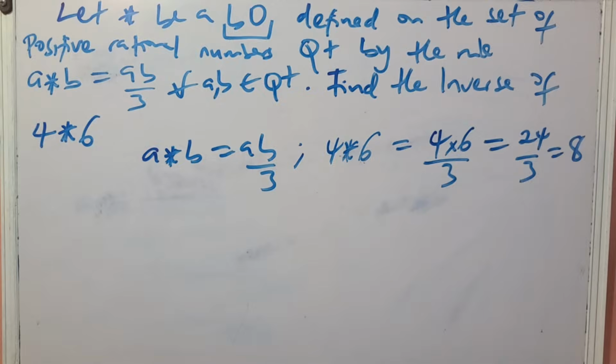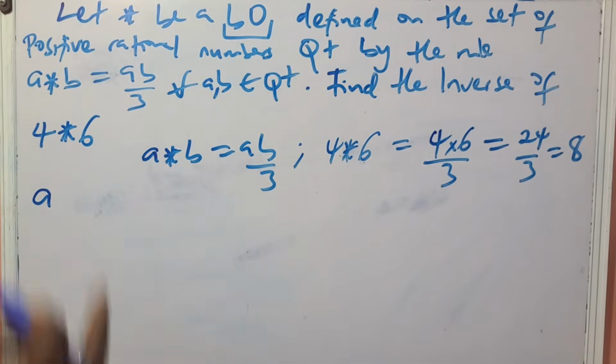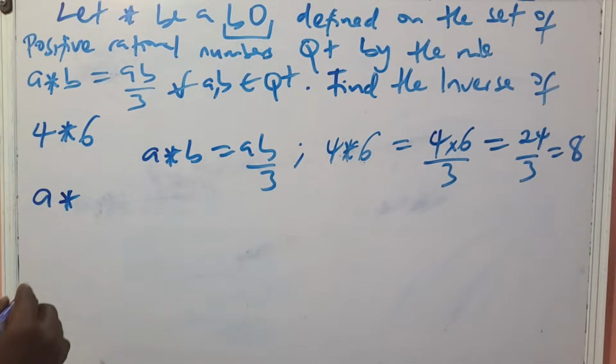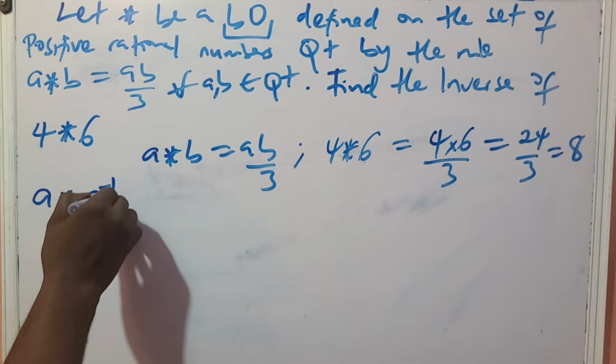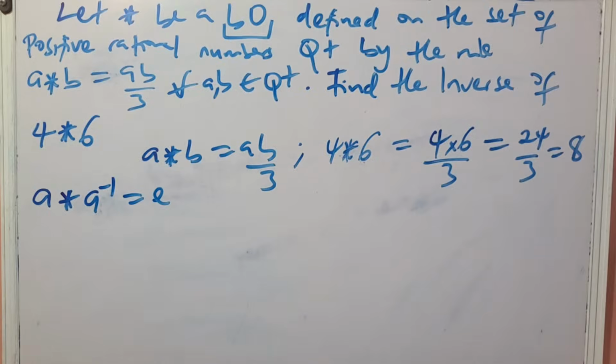But you're not told to find 4 star 6, you are told to find the inverse of 4 star 6. We've been able to get 4 star 6 as 8. We need to now find the inverse of that. In case you don't know this, when you have any element in binary operation, let's say an element A, just A, this is not symbolic of anything, a binary operation of A star its inverse will give you the identity element.